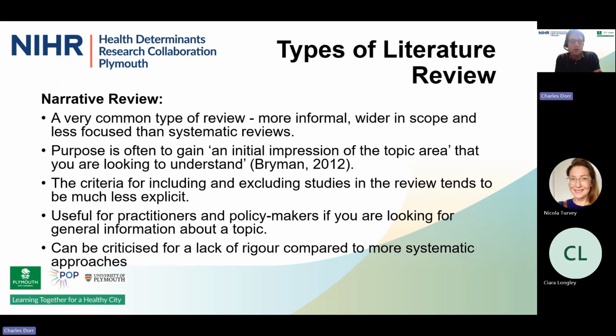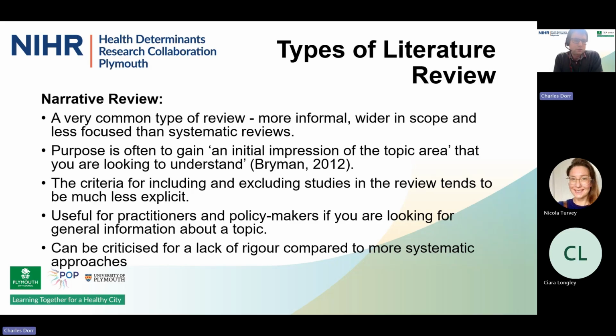Going to the other end of the spectrum from systematic reviews, which are really structured, really robust, very transparent, very step by step, you have narrative reviews, which are very common, if not the most common review, and they're much more informal, wider in scope, less focused than systematic reviews, not unlike the sort of literature review you might do at university, say in preparation for a dissertation.